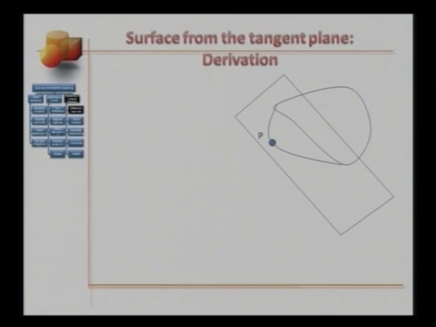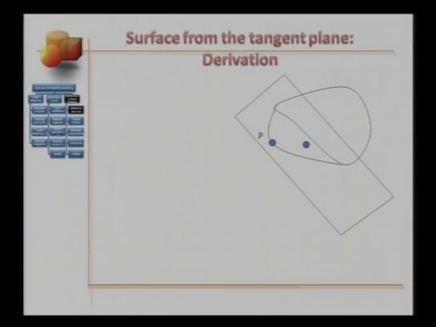Let's try to figure out the conditions for which this plane will be a tangent plane to the surface, or it may or may not intersect with the surface patch.